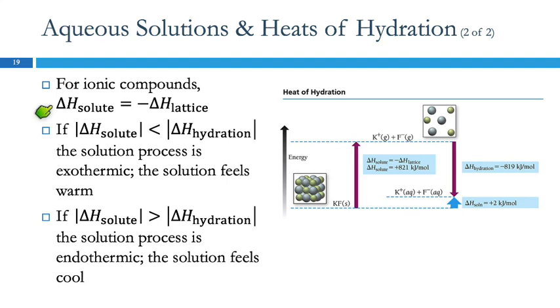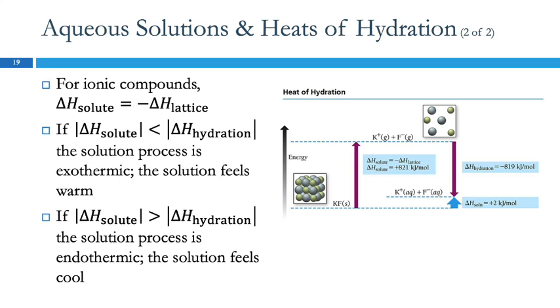For ionic compounds, delta H for the solute, remember that's the energy needed to separate the solute particles from each other. That is the same but opposite in sign as the lattice energy we learned about before. Remember that lattice energy was when we had separated ions and they came together.